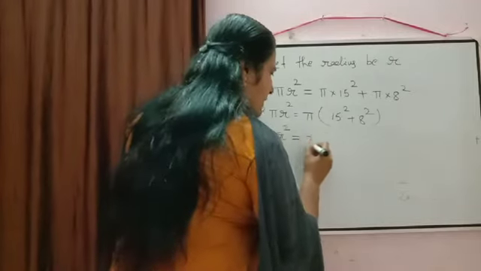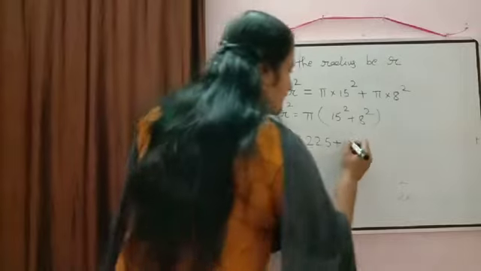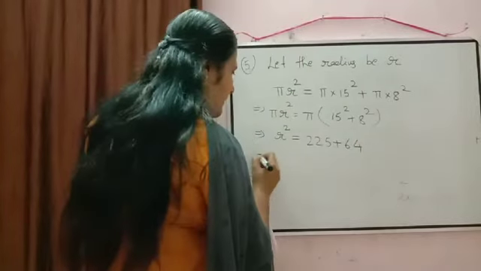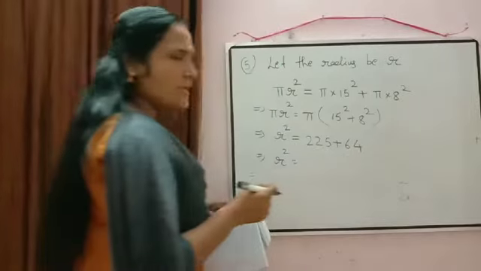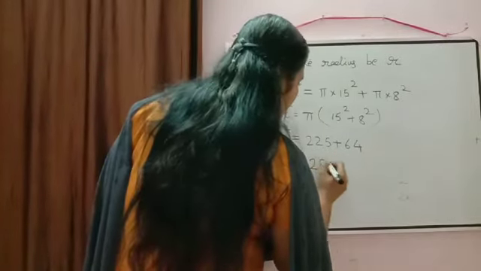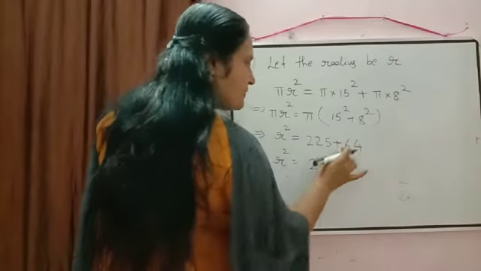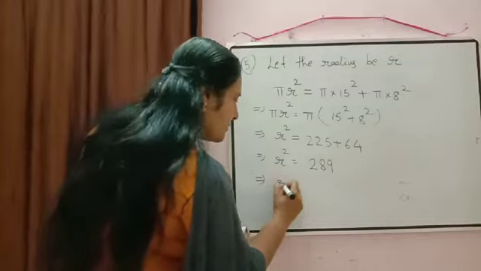Yes, 225, plus 8 square is 64. So r square is equal to 225 plus 64, that we can add, then we get 289, correct? 5 plus 4 is 9, 289. R square is equal to 289.